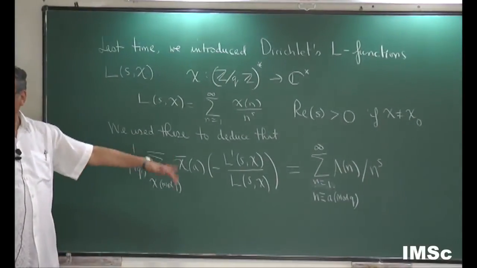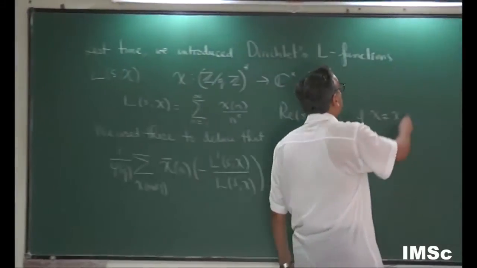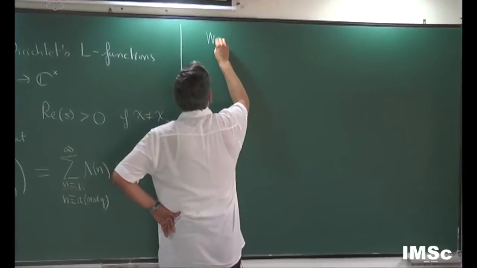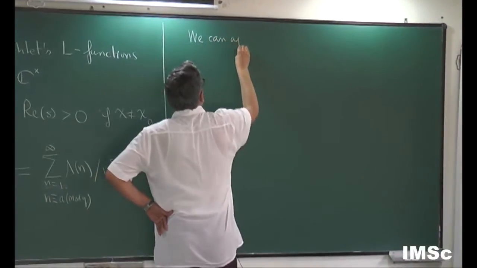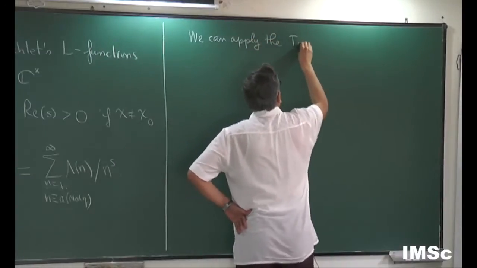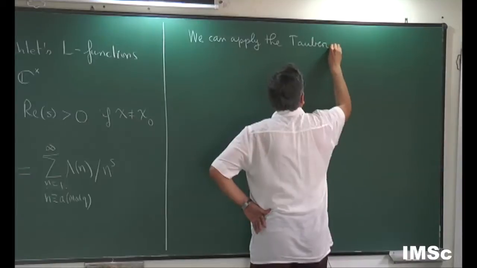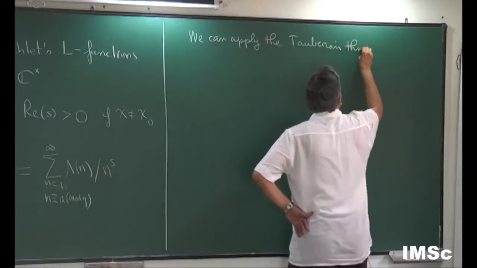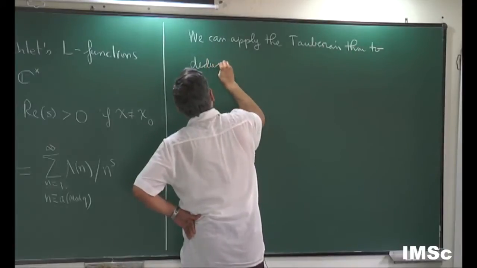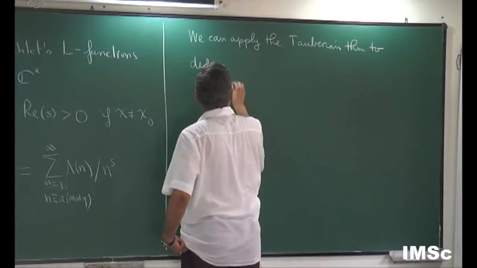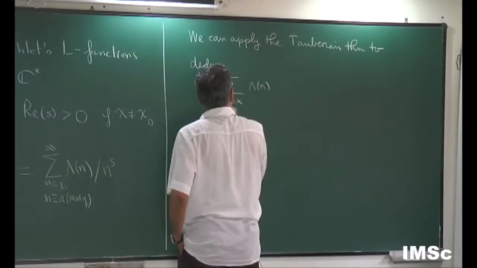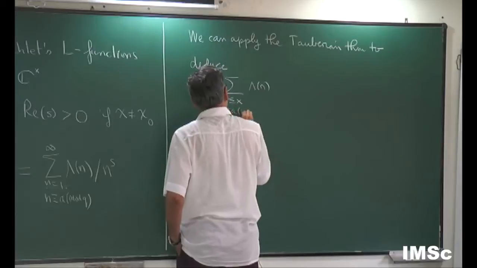I'd like to now deduce, we can apply the Tauberian theorem to deduce something about the partial sums.